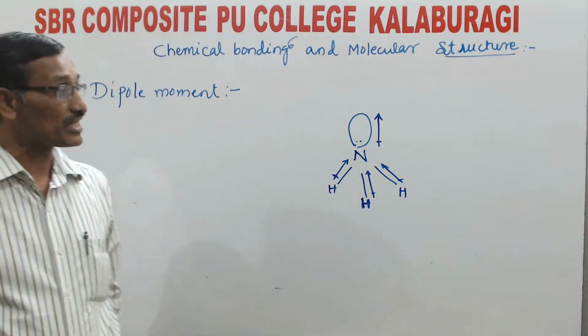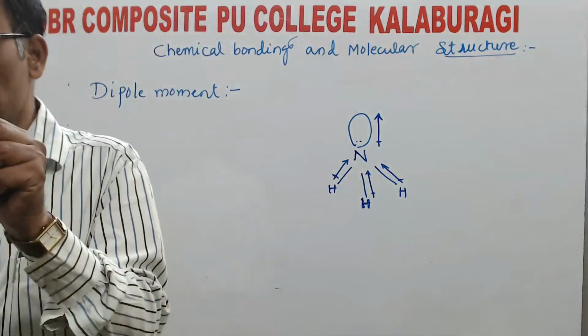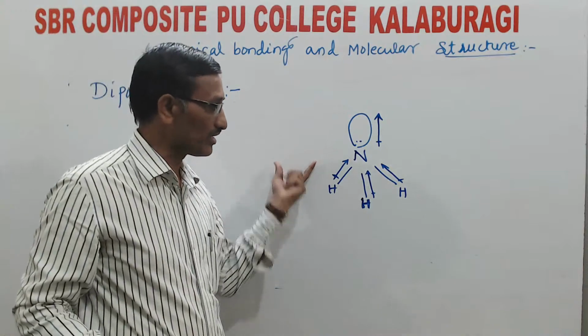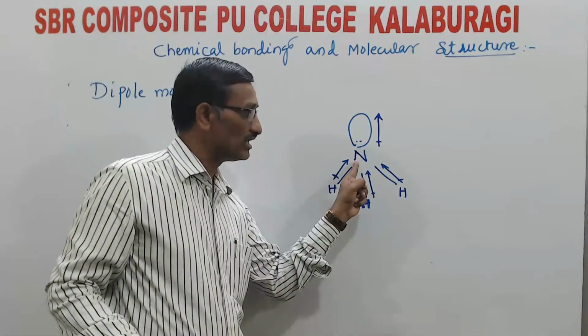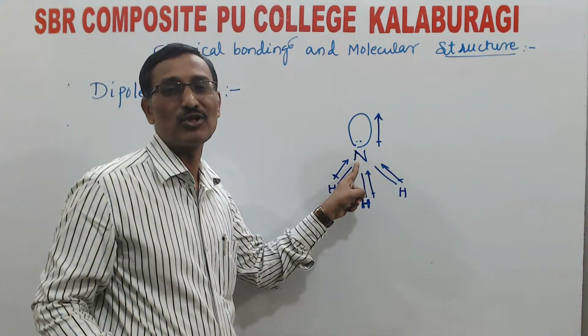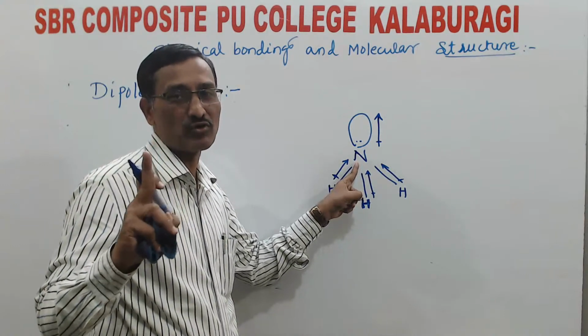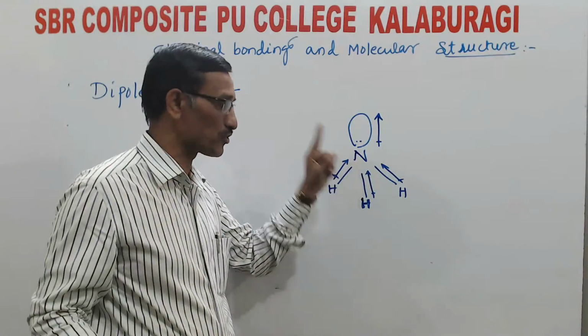Always one thing you have to remember, a small arrow with a tail has been taken, from the positive center towards the negative center side. That is the representation of dipole moment. Because dipole moment is a vector quantity, it has direction as well as magnitude. That one you have to remember.